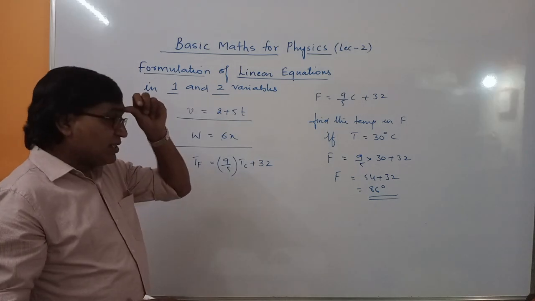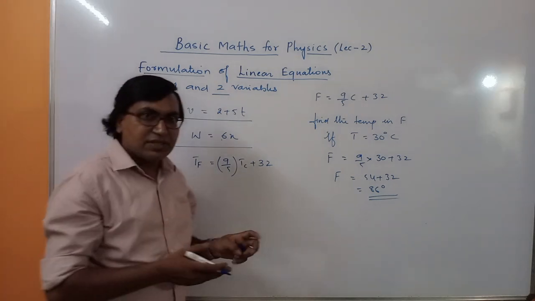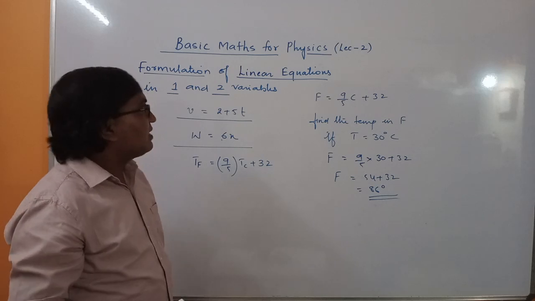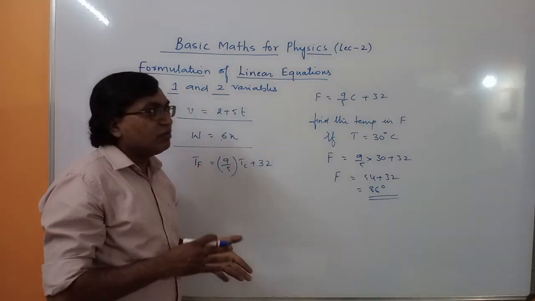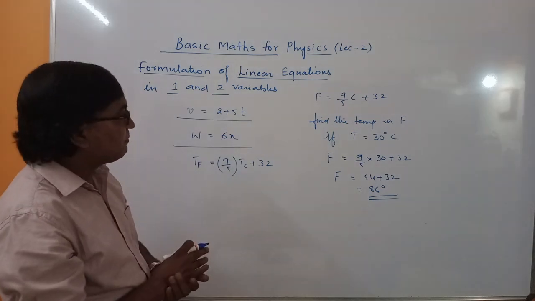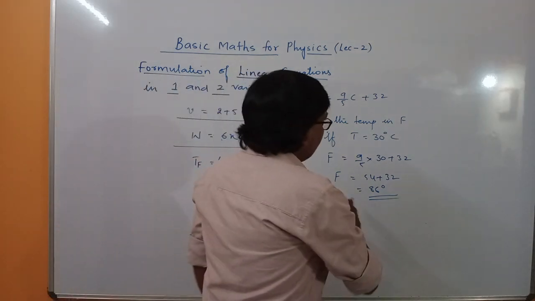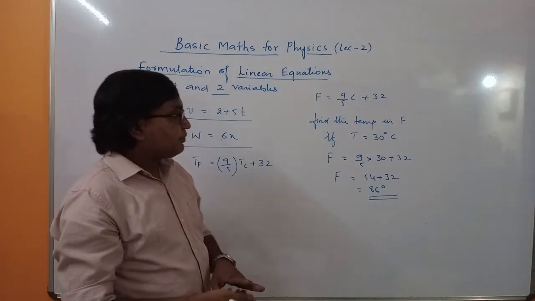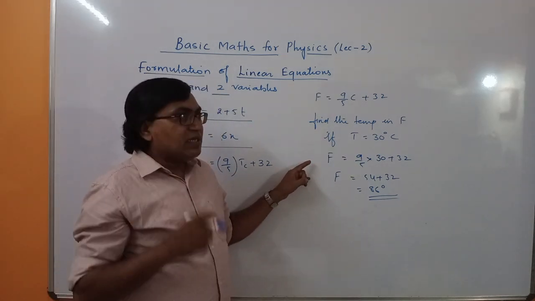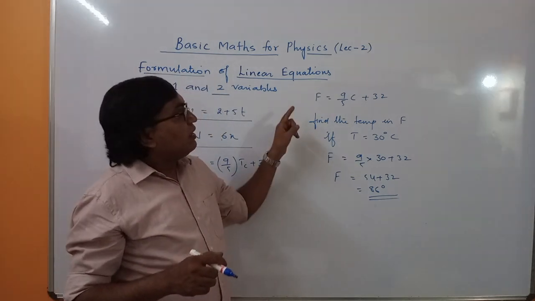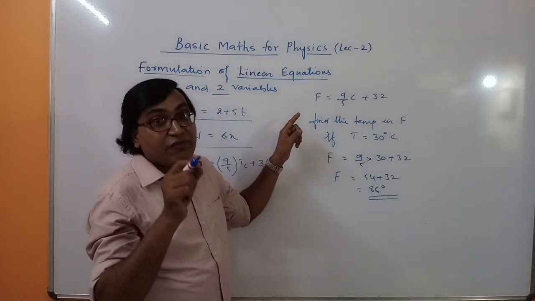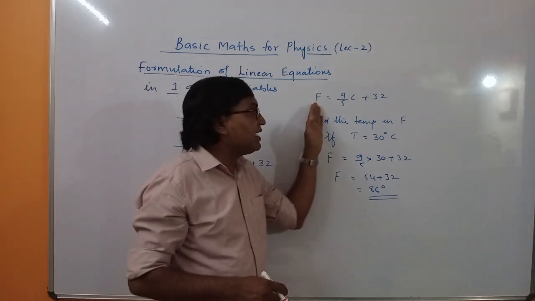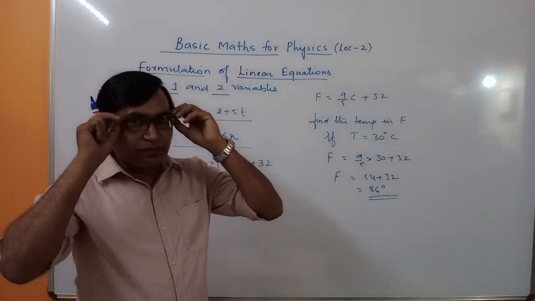So you can convert this. You will have many such relations. I am just taking an example to give you a feel about how we use different types of equations. Now my question is, is the numerical value of temperature on Fahrenheit scale and Celsius scale the same?